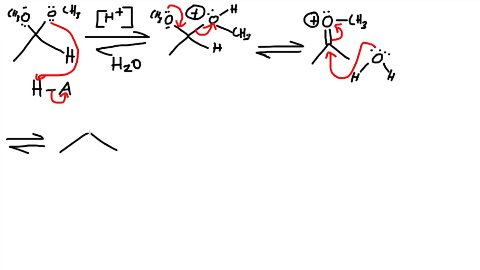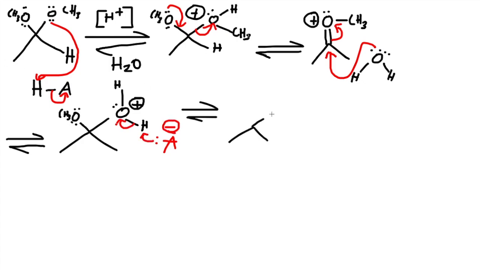We have this structure. We have water here, and we have the OCH3. Now we have a positive charge there. So the acid comes here, grabs the hydrogen, kicks off the electrons to oxygen.